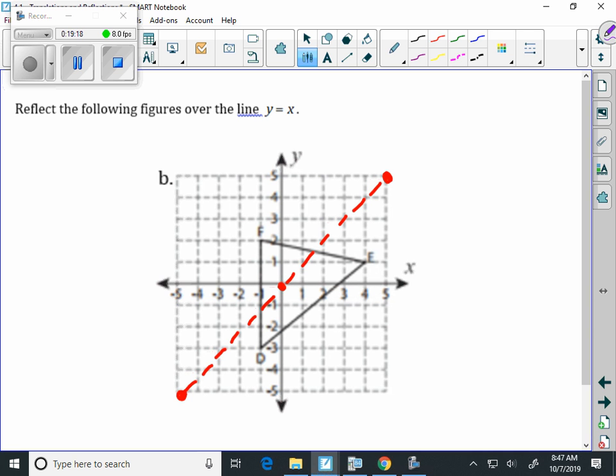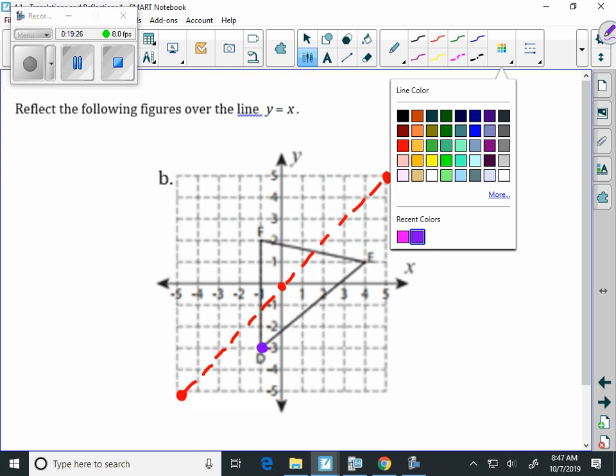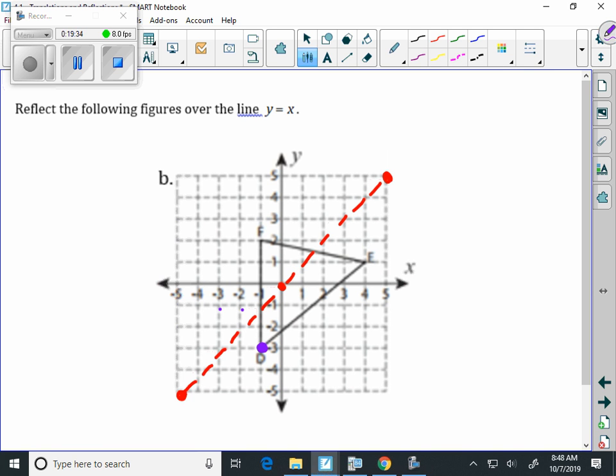I'll start here at D. It is 1, 2 from the red line, so to get to the other side I go 1, 2 left. There's our new D. If we go over to E, it's 1, 2, 3 to the red line, so 1, 2, 3 on the other side.